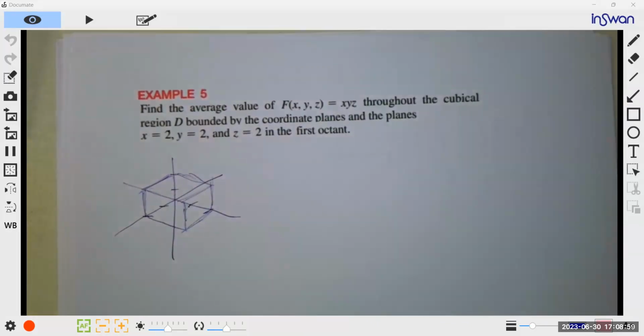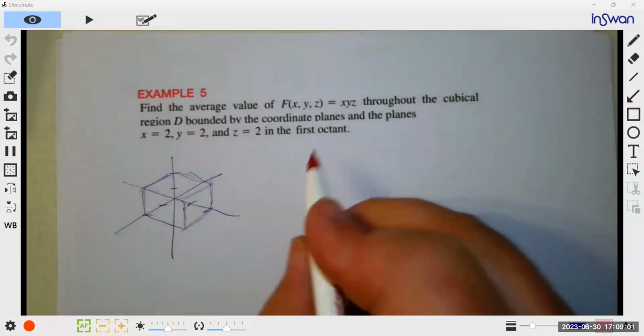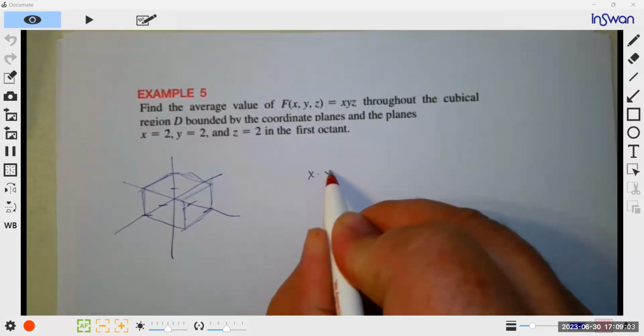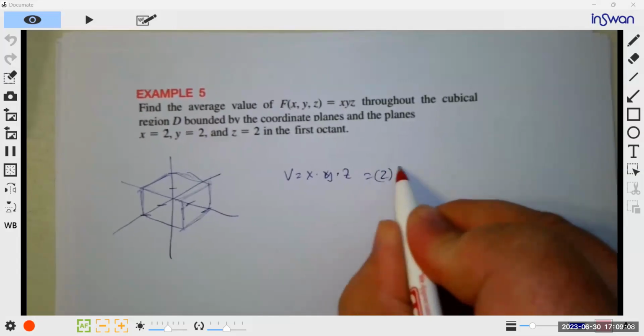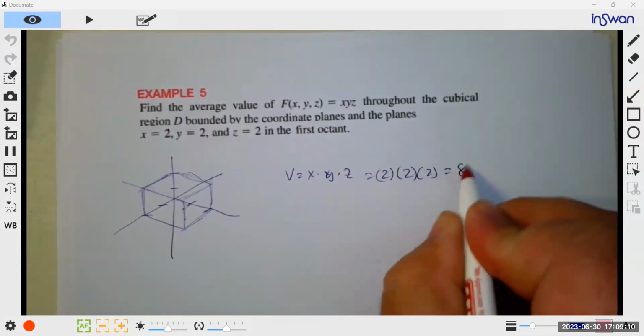We have to know that cube. Since x times y times z is the volume, we get 2 times 2 times 2, which is 8.